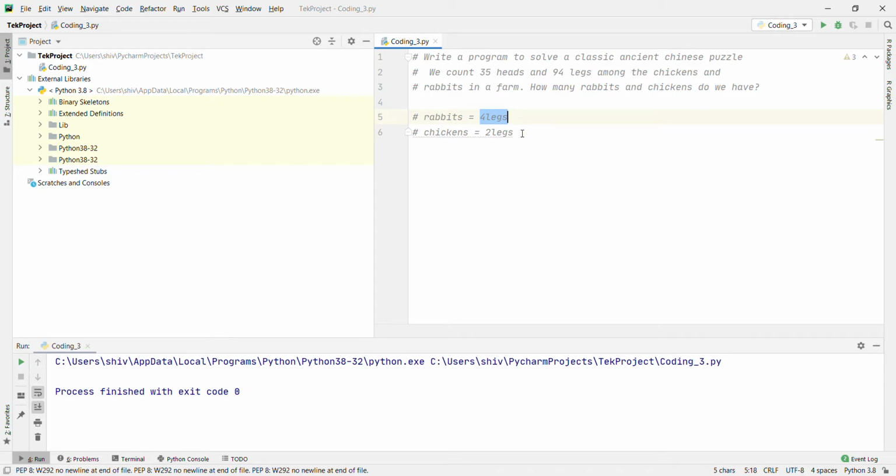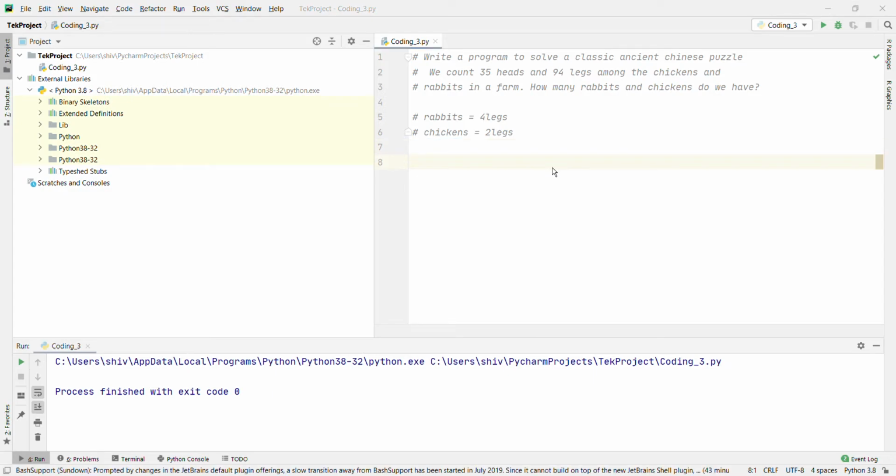We are going to use for loops with the equation 4 multiplied by i plus 2 multiplied by j equal to 94, where i might be rabbits and j chickens. We are going to check every permutation and combination to get the result 94.